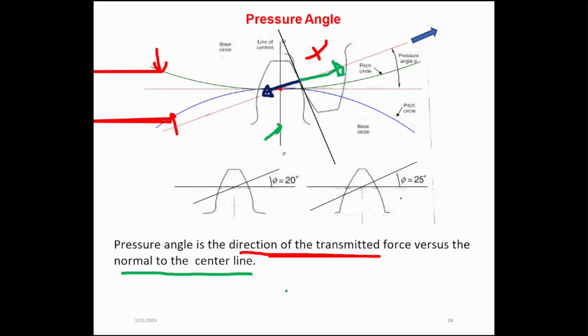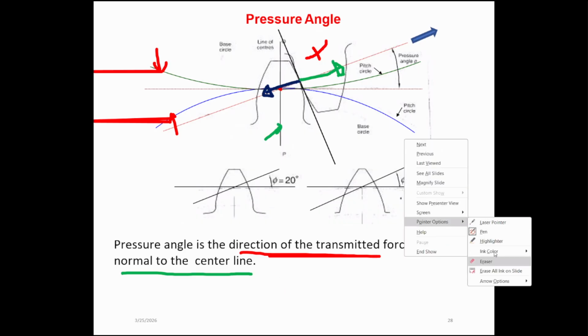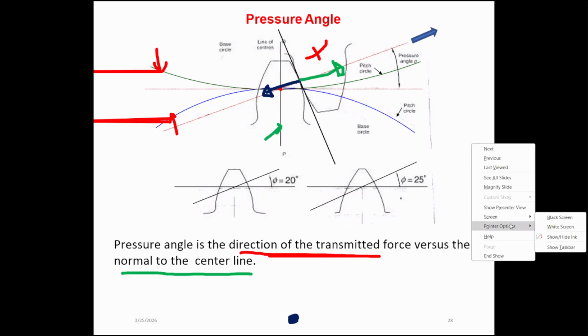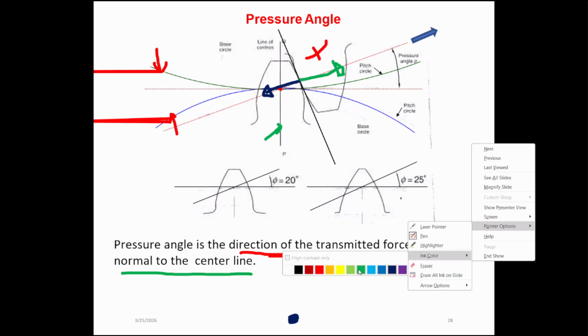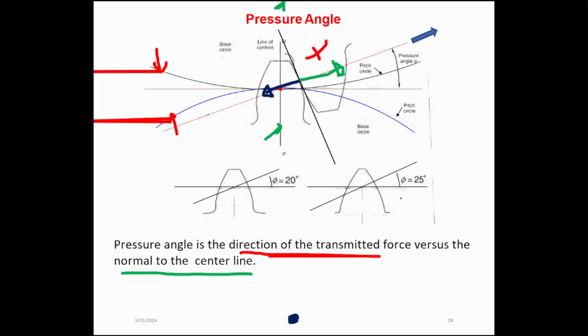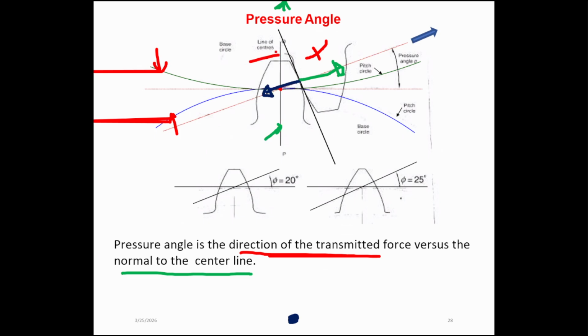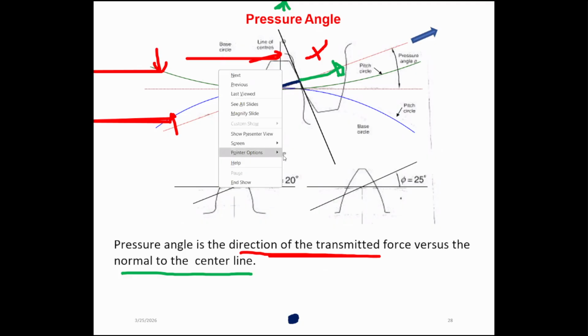I can draw the center of the green color one as well. If we draw a line between the green color center and the blue color center, it will be something like this. So this is the center line, right?